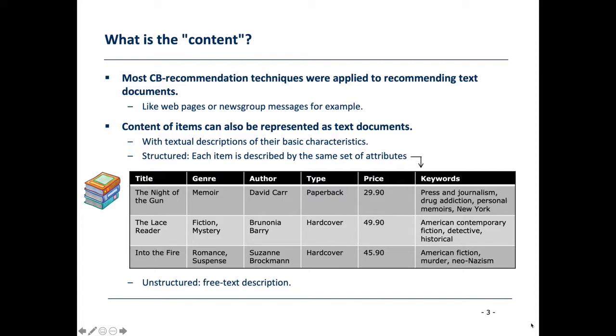If the user has nicely annotated things in terms of keywords, or we have this structured model that you can see in the table where we have metadata such as author and title, and if we're really lucky, things like genre, which we might get from a product catalog, then we can use that directly in terms of the construction of a content model.